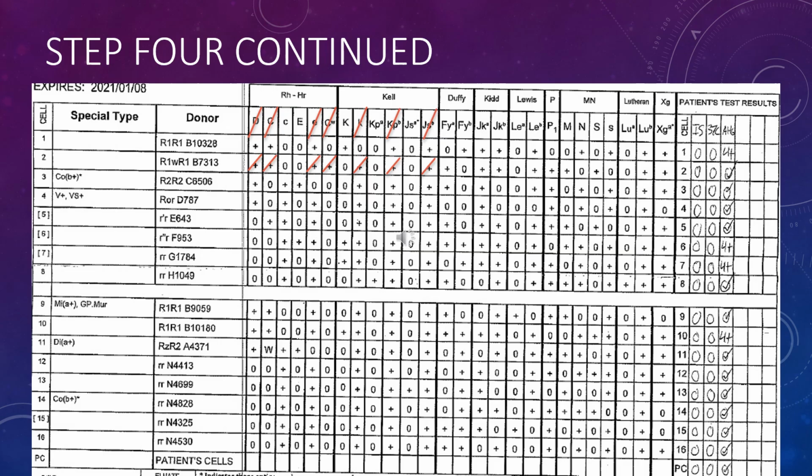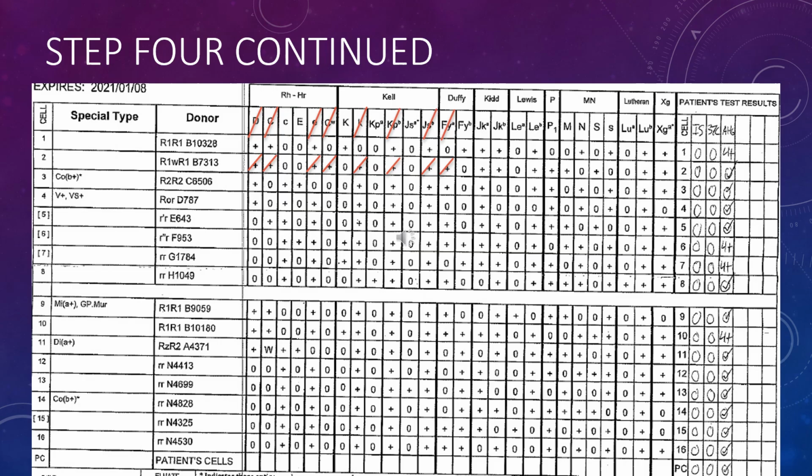Can we cross that one out? Yep, you can cross it out because it's homozygous. What about JKA? No, on this cell we can't cross it out. On cell 2 we cannot cross off JKA or JKB because they're showing heterozygous expression. But we can continue on.